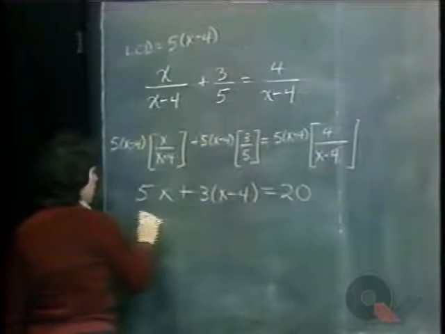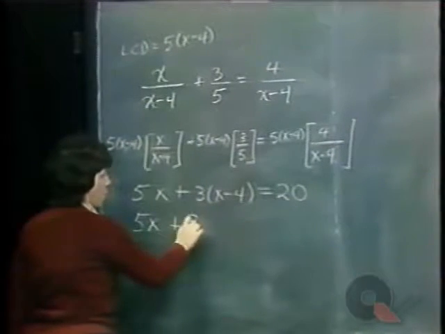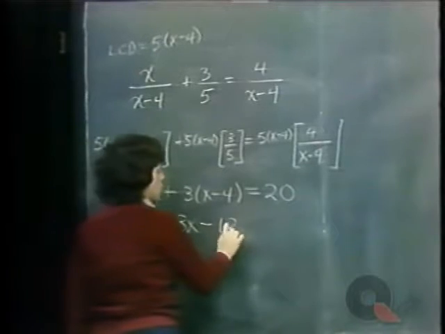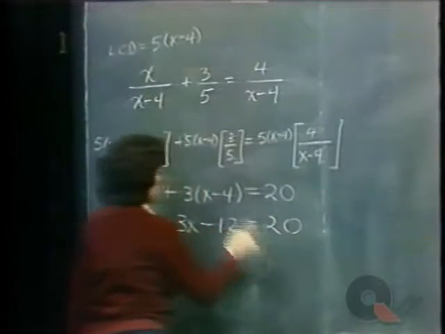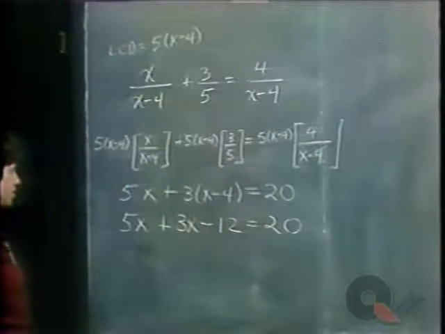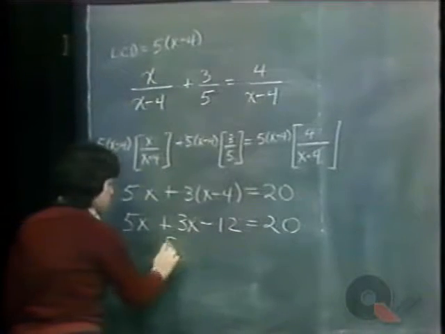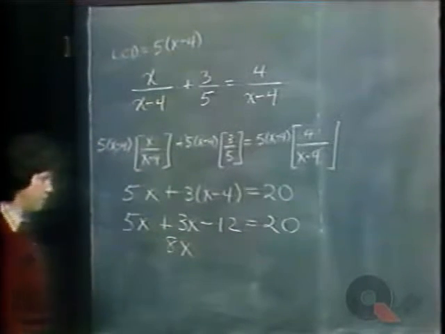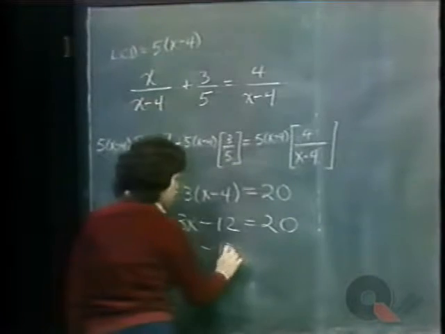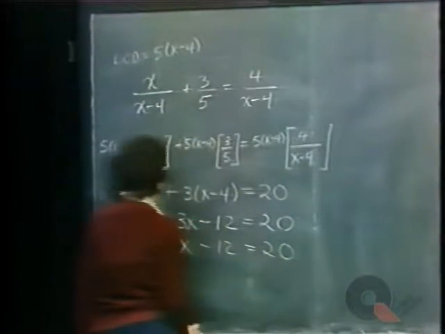All right, 5x plus 3x minus 12 equals 20. Distributing the 3 through the parentheses, 8x, combining the 5x plus 3x, minus 12 equals 20.